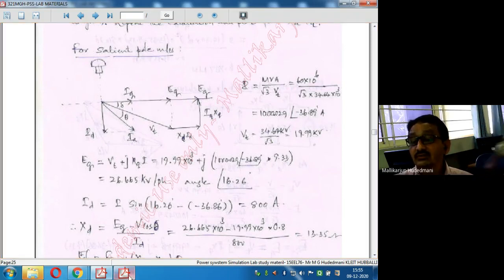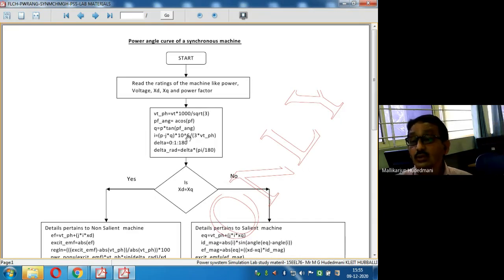Now there is another method to do it. If I want to calculate the current, look into this equation which I am highlighting. I equals active power minus j reactive power. P is active power, Q is reactive power, in terms of mega, 10 to the power 6. So P minus jQ divided by 3 into Vt per phase.